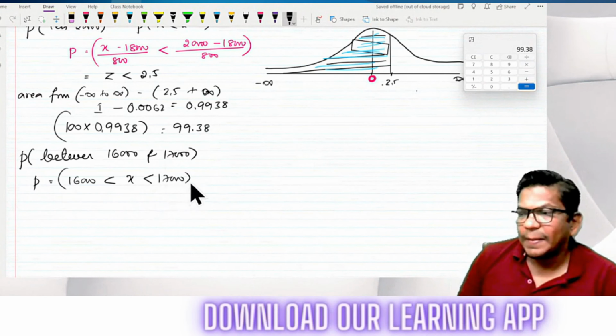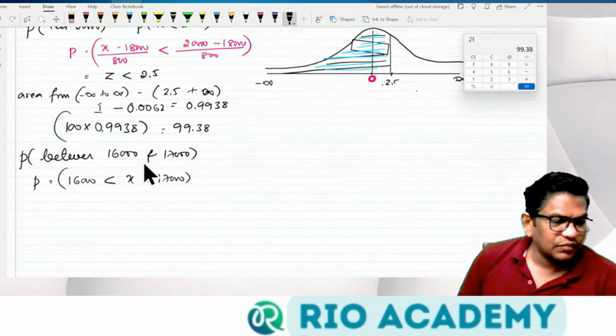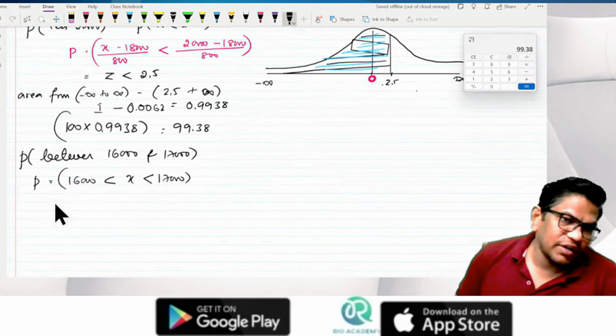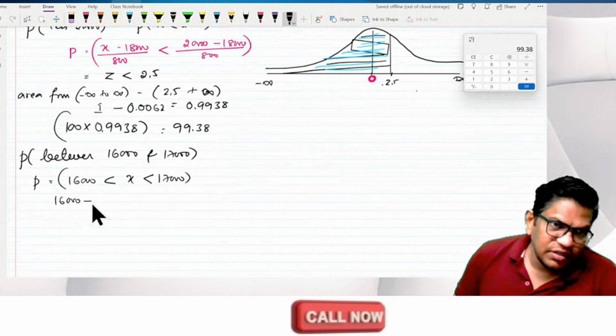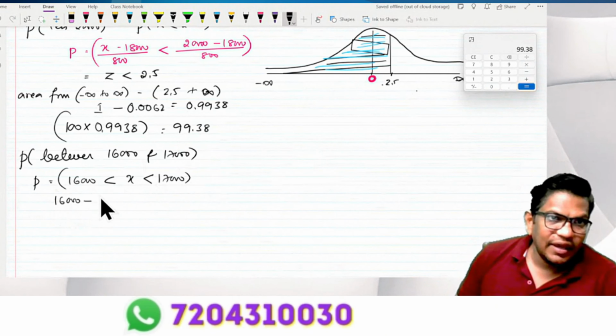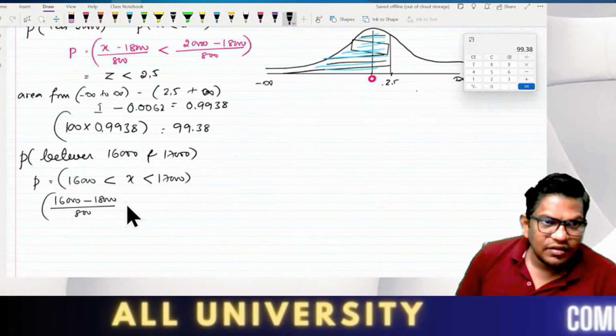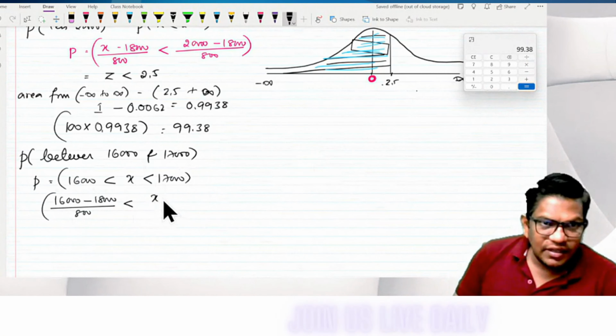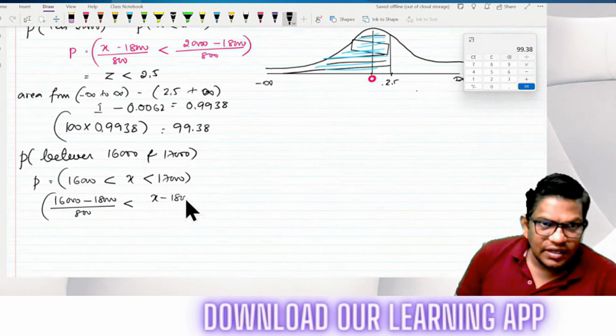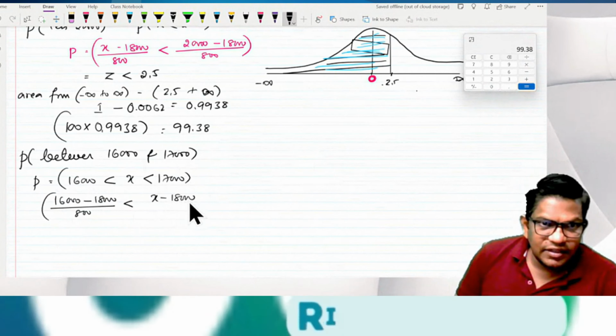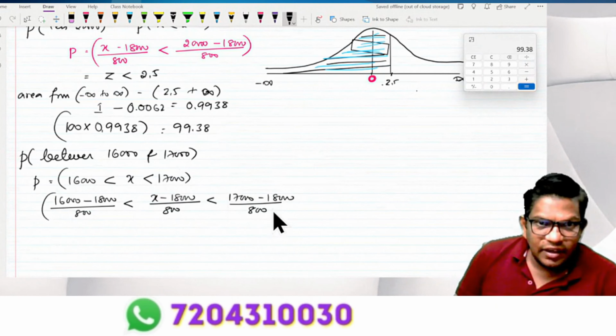Correct, बच्चों? Now what? 16,000 minus 18,000 divided by 800, less than z less than 17,000 minus 18,000 divided by 800.